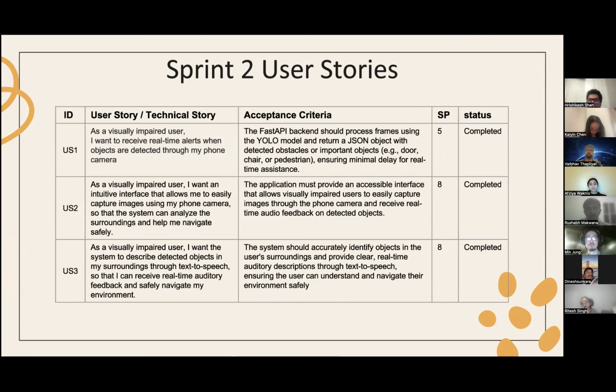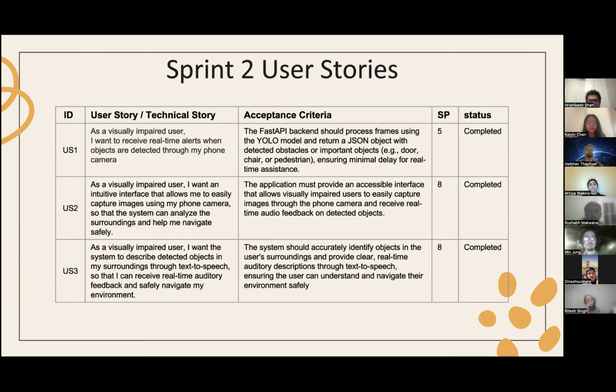After taking the feedback from Sprint 1, we made user stories for Sprint 2. Some of the important user stories for Sprint 2 were: the user needs object detection. We used YOLO and YOLO2 for sending the JSON object. The story point for this use case was around 5. The second use case in this sprint was capturing the surrounding.